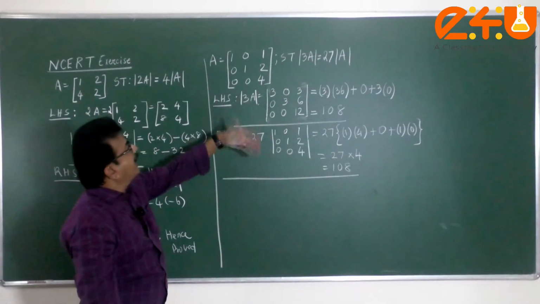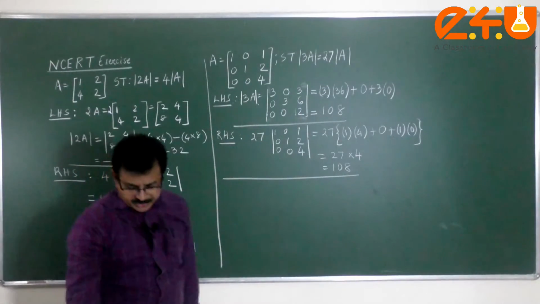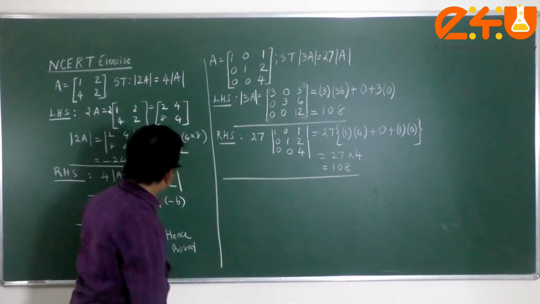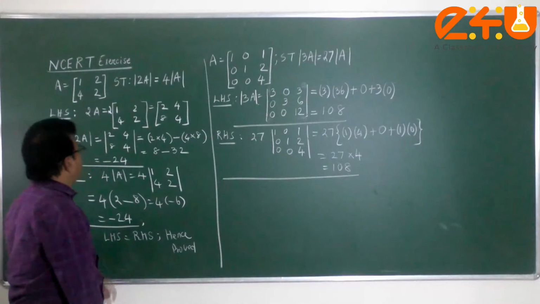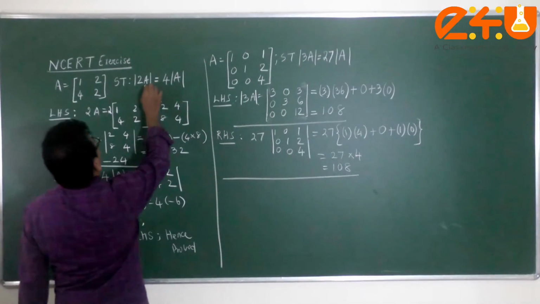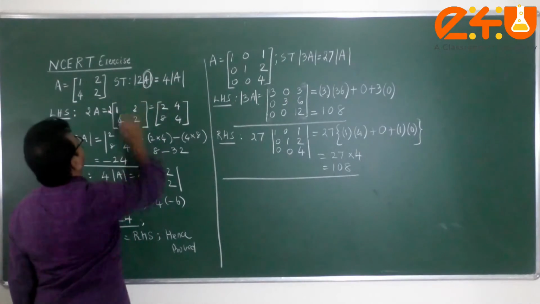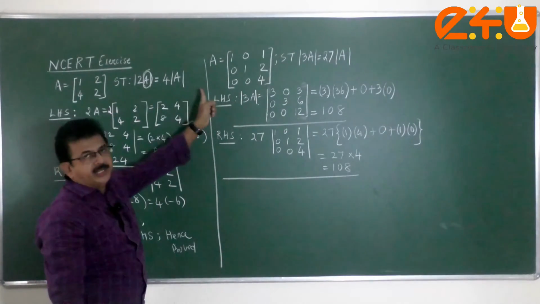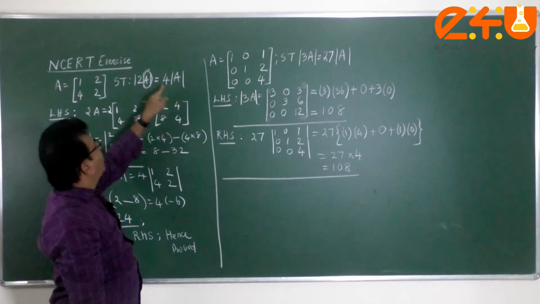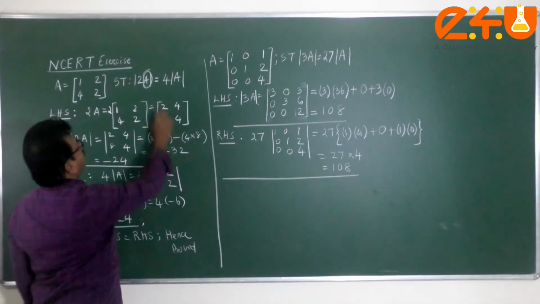So what happens essentially is, here what we discover in the case of 2 by 2, multiplying matrix A by 2 multiplies the determinant of A by 4, which is 2 squared.